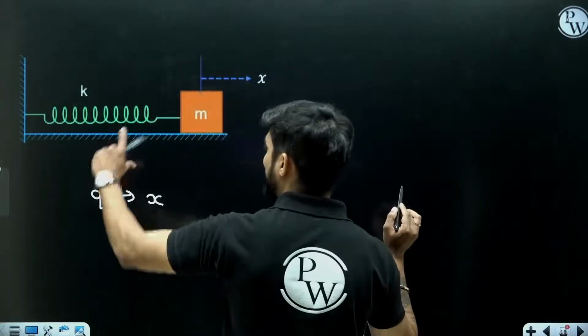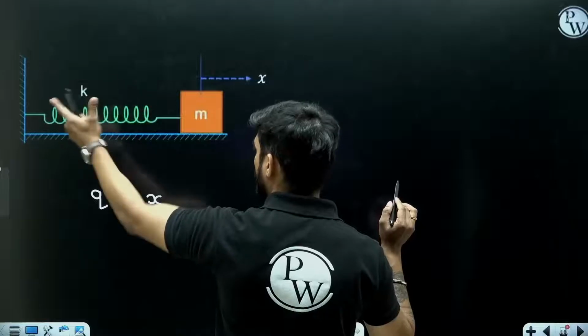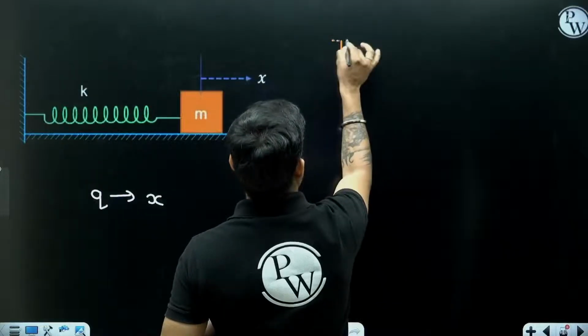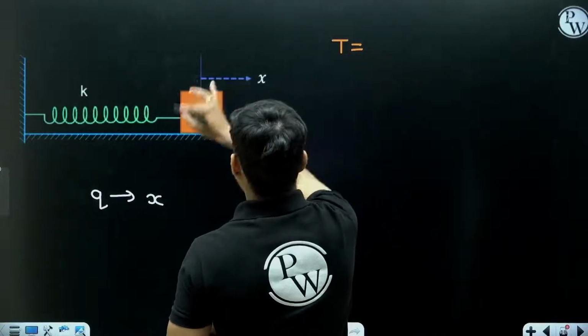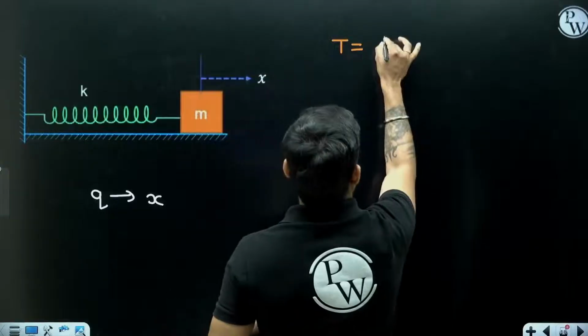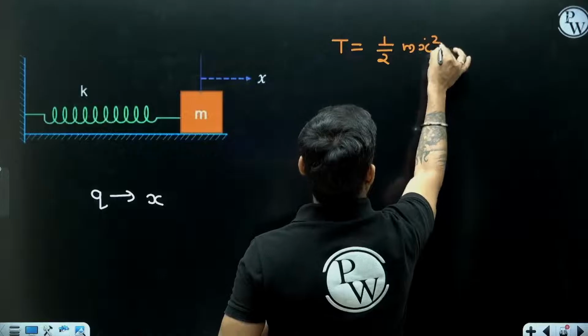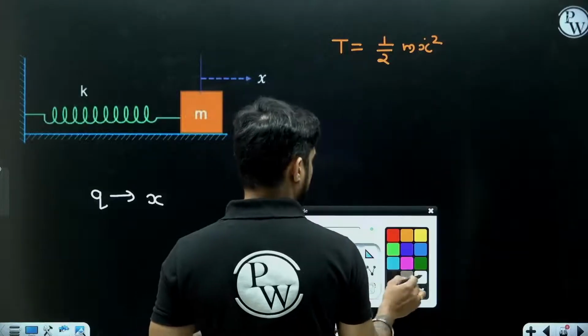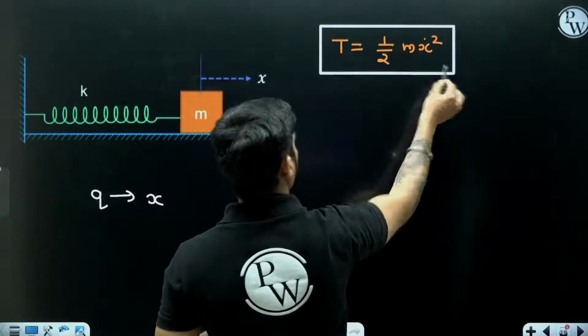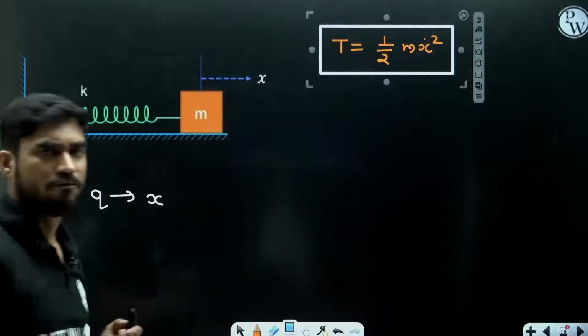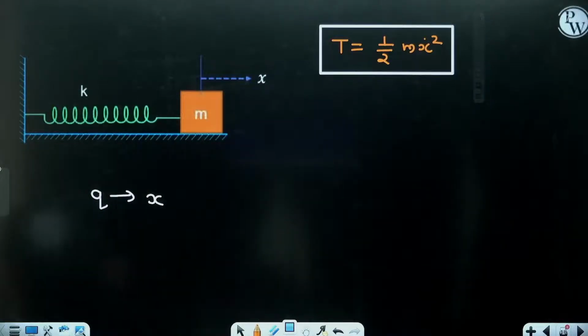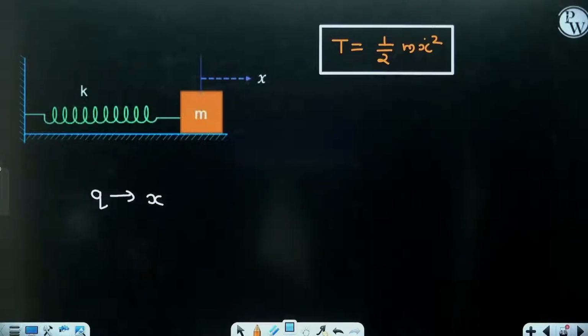The spring has no mass, so there will be no kinetic energy in the spring. But there will be kinetic energy in this block, and it will be half m x dot square. By now you must have understood that in half mv square, v will be dx by dt, meaning x dot.